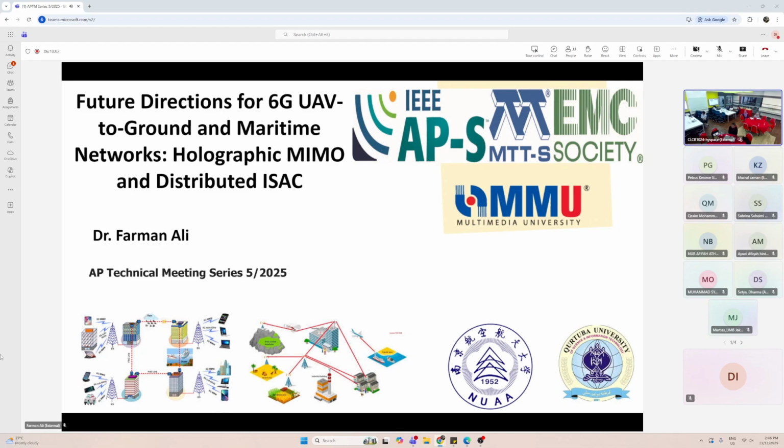As for holographic MIMO, in the traditional antenna we focus on beam forming or beam steering, how to maintain the beam between the ground user and the UAV. Here we will use the holographic antenna, a new form of antenna, which will sense the whole area and, without any beam steering or beam forming, connect with the ground users.